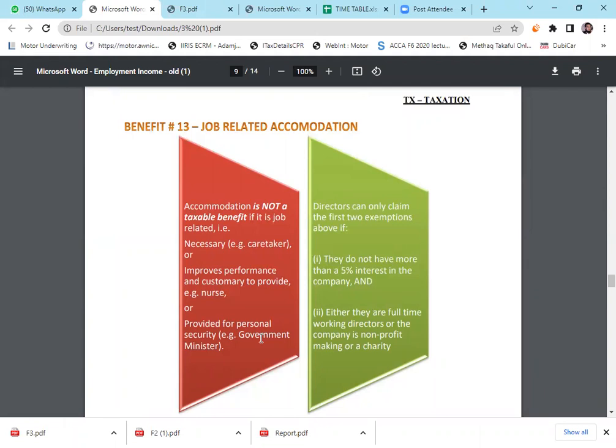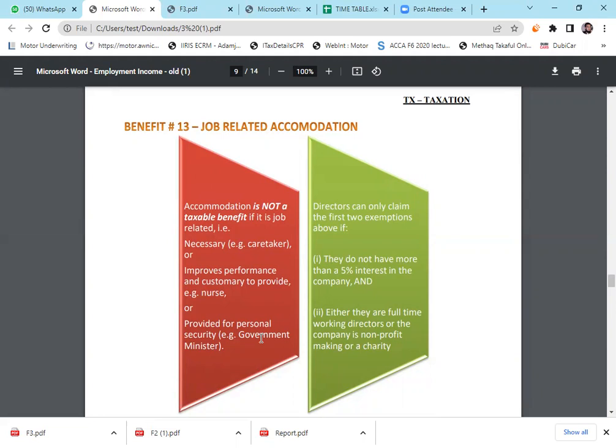If it is a necessity or requirement of the job to stay in that accommodation, for example the caretakers, the nannies, the nurses, the watchmen, they have to stay, it's necessary, or they have to stay because it improves their performance. If it is like that, then only the accommodation will be treated as job related.